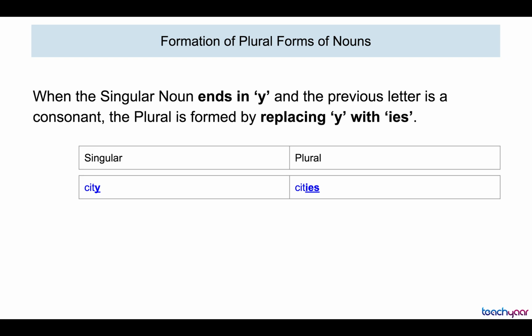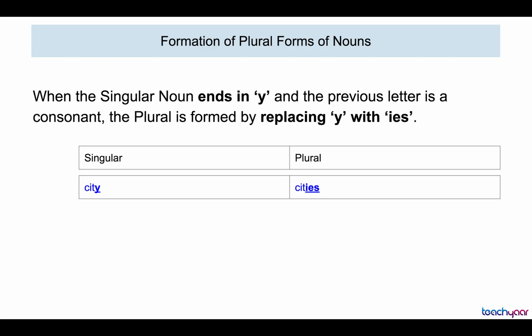The letter before Y should be a consonant. That means it should not be A, E, I, O, U. It should not be a vowel. So T is not a vowel, it's a consonant. So two conditions, the word ends in Y and the previous letter is a consonant. So in that case what happens? We remove the Y and in place of it we put IES.